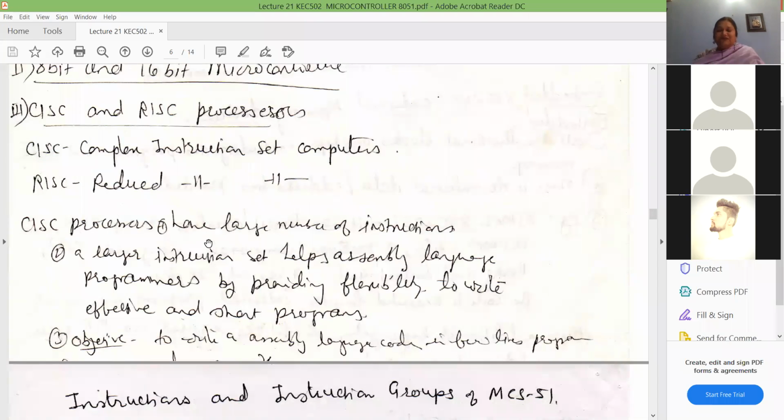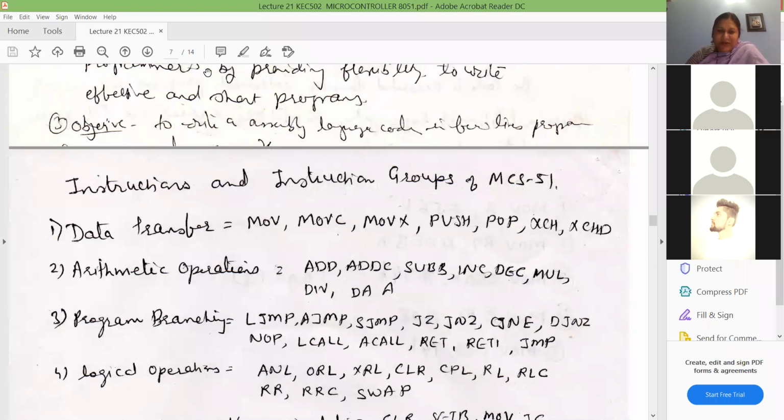Like 8085 and 8051: 8051 will come under CISC and 8085 will come under RISC, because 8085 has a reduced instruction set, whereas the microcontroller has more instructions. So you can classify as CISC or RISC, or based on 8-bit, 16-bit, etc. These are the ways of classification of microcontrollers or microprocessors.